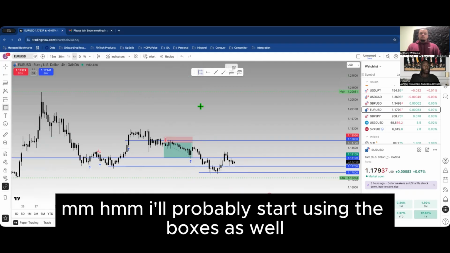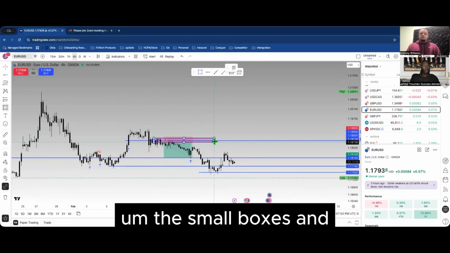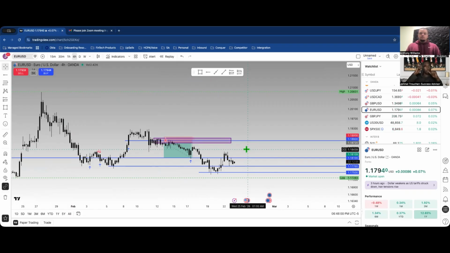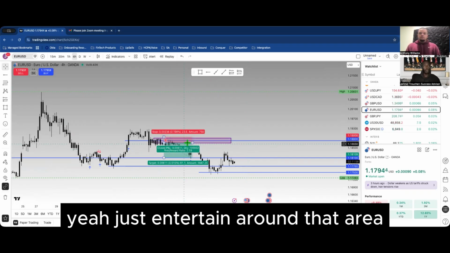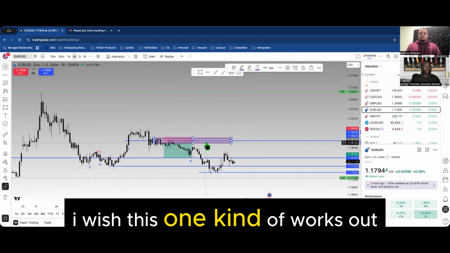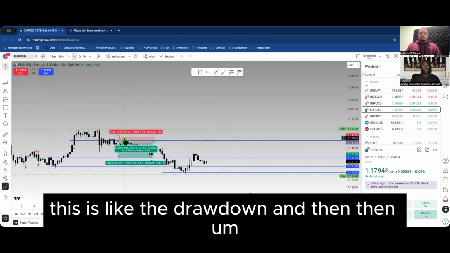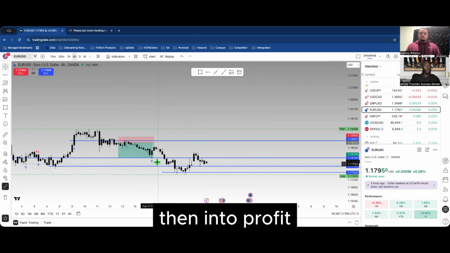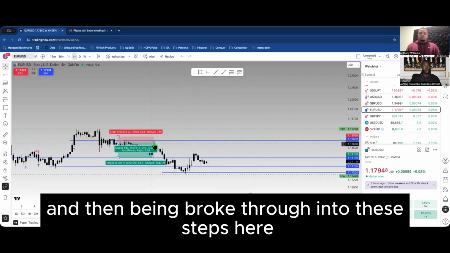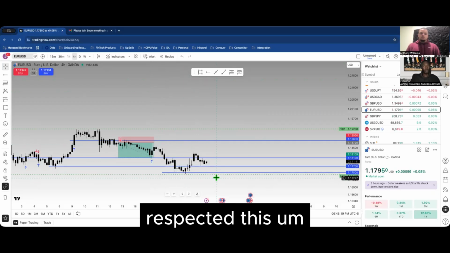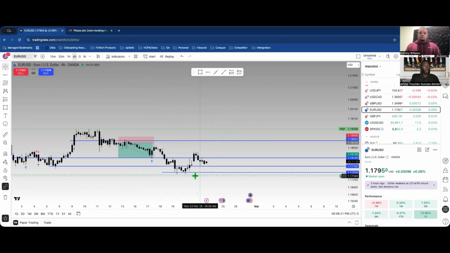I'll probably start using the boxes as well, the small boxes, and just enter around that area. Which this one kind of works out, but still, this is the drawdown and then into profit, and then it broke through into these steps here. I respected this 1.175.